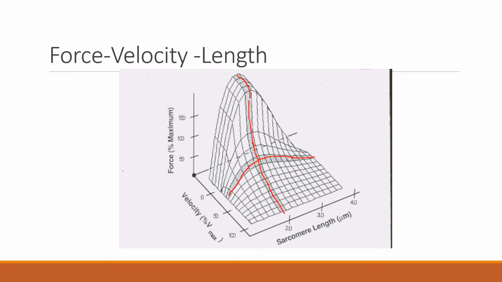And as we get into the higher tension, it is muscle tension that's generated on the vertical axis. As we get into higher tension, we get into the rapid eccentric till finally the amount of tension plateaus. It plateaus very high, but it plateaus within the rapid eccentric velocity range.